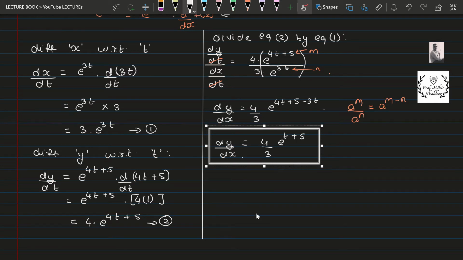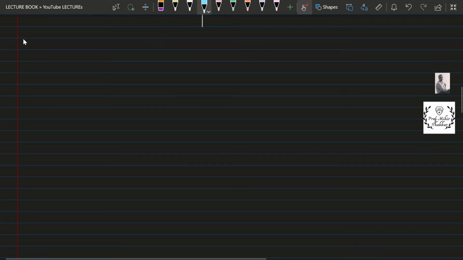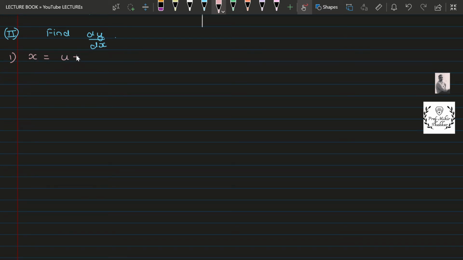Now let us check out question number 2. Again in question number 2 it remains the same, to find dy by dx. Sum number 1 says x is equal to u plus 1 by u the whole square, and y is equal to 2 to the power u plus 1 by u.